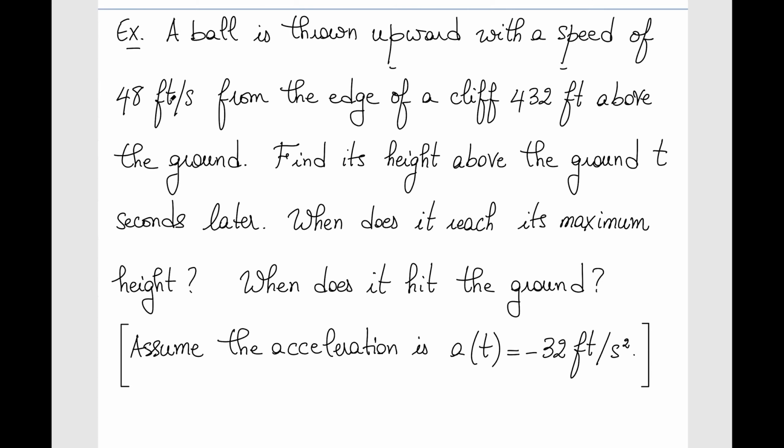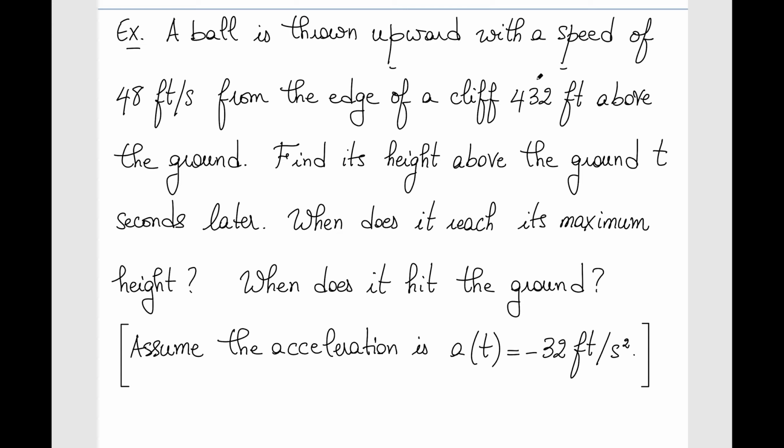At moment zero, the velocity is 48 feet per second, and upward is the positive orientation, because we said downward is negative. So the velocity and the speed are the same, because the speed, as you remember, is the absolute value of the velocity. Long story short, v of 0 is 48. That's going to give us one of the constants of integration.